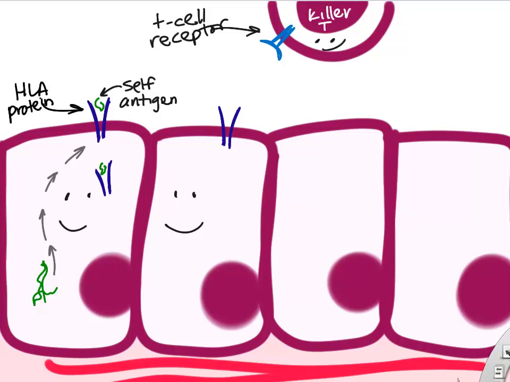Of course, your cytotoxic T cells have receptors that could detect the HLA plus antigen, but you wouldn't want your own killer T cells to attack you, so they don't. Also, you wouldn't want your own antibodies to attack your HLA markers. Basically, this is showing your immune system that you belong in your body.